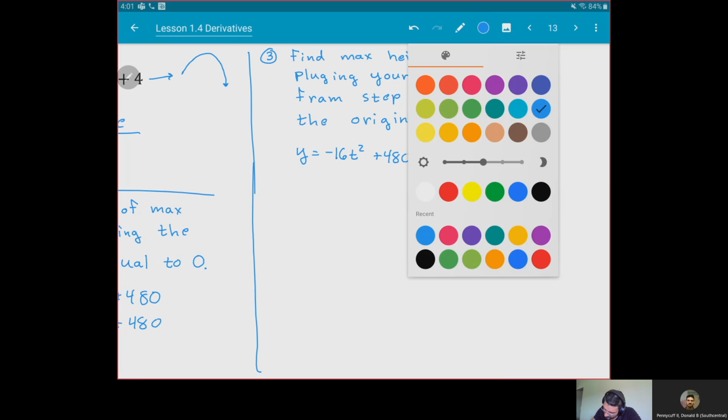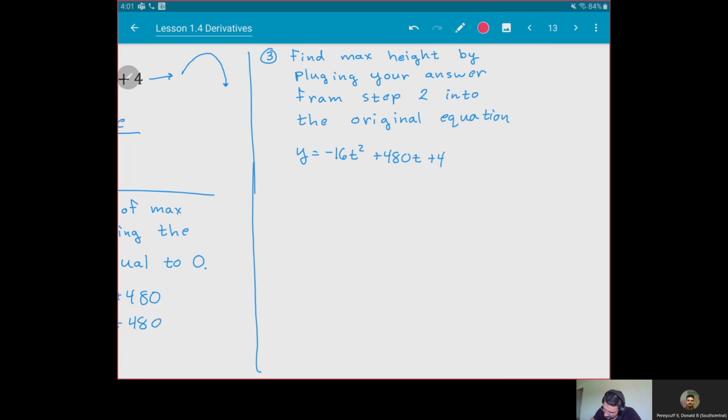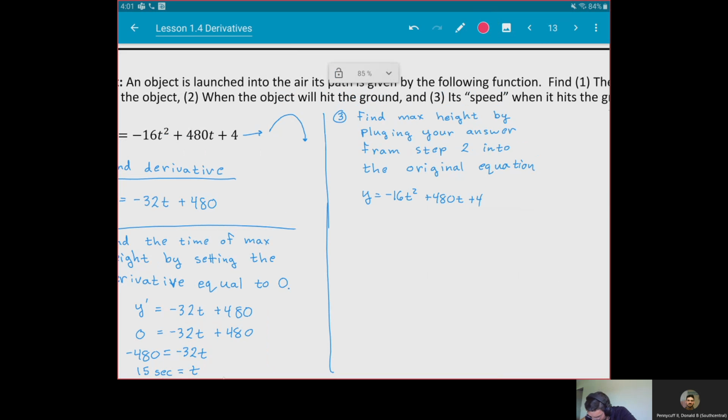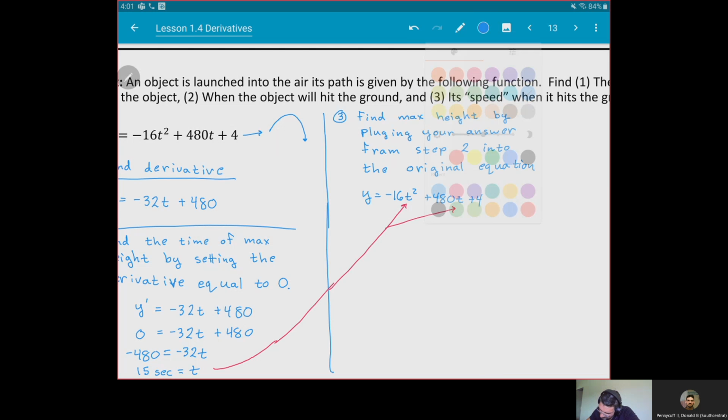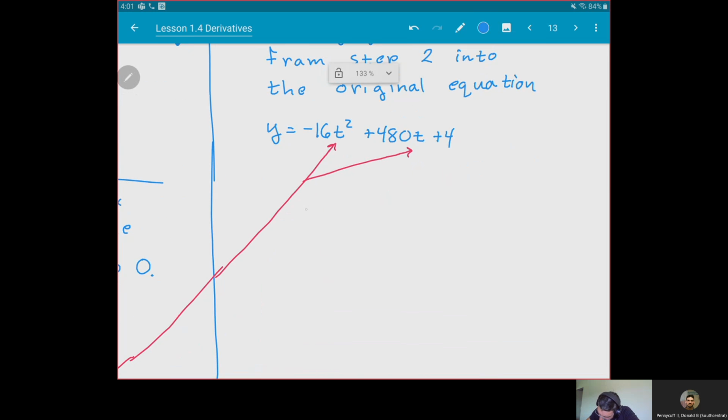Okay, so I'm just going to plug that 15 seconds into the problem. And that will give me y is equal to negative 16 times 15 squared plus 480 times 15 plus 4.